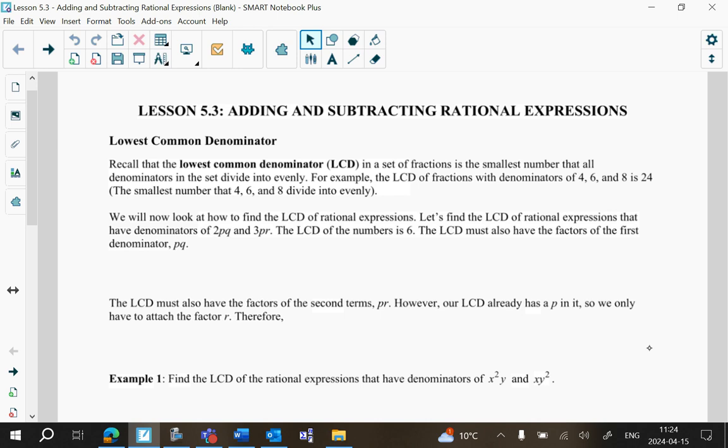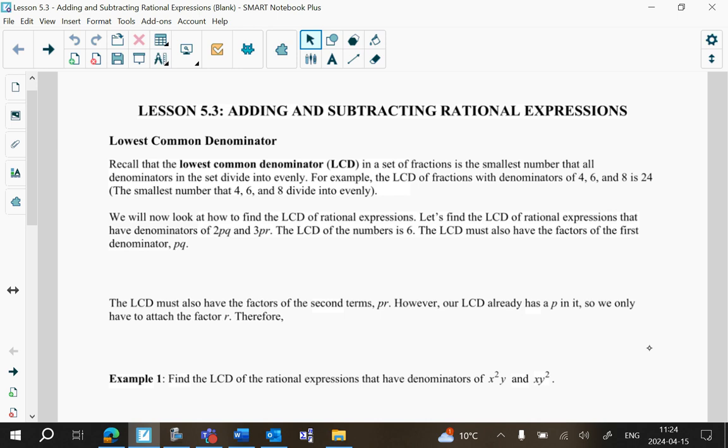So remember, the lowest common denominator of a set of numbers, or the lowest common denominator of fractions, that's the smallest number that all the denominators divide into. So if I had fractions that had denominators of 4 and 6, what would be the lowest common denominator? 12.